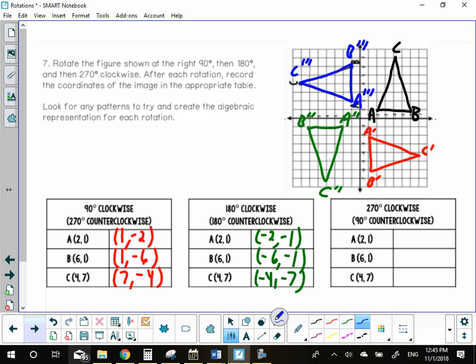Okay, so now where's my A at? Negative 1, 2. Where's my B at? Negative 1, 6. And where's my C at? It's negative 7, 4.